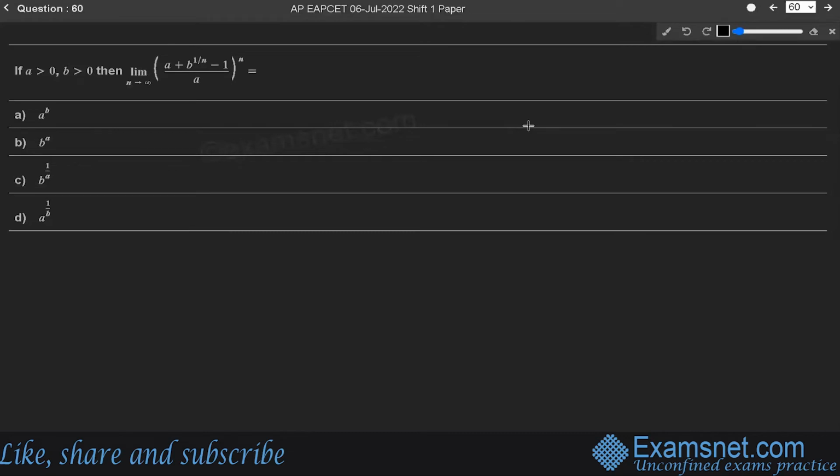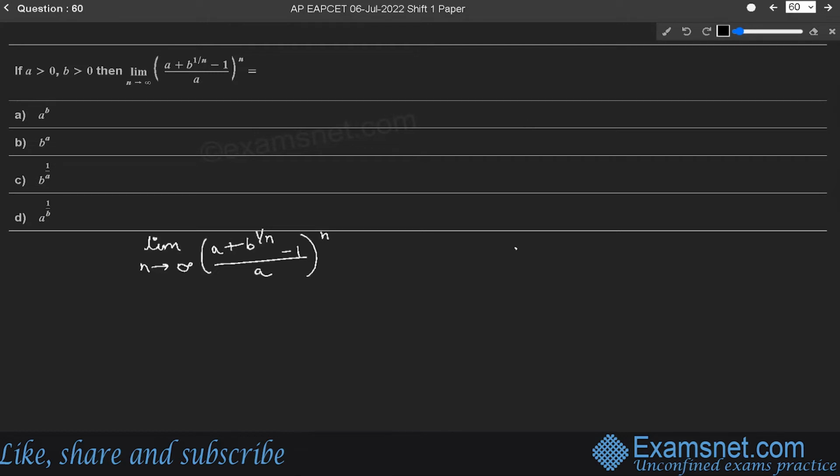Next question is, if a is greater than 0 and b is greater than 0, then limit n tends to infinity, ((a to the power 1 by n plus b to the power 1 by n minus 1) upon a) whole power n is equal to. We have the expression limit n tends to infinity, (a plus b power 1 by n minus 1 divided by a) whole power n.